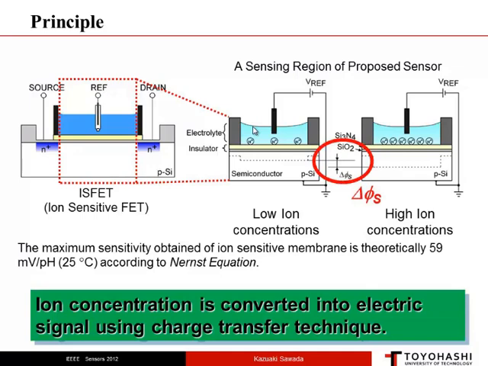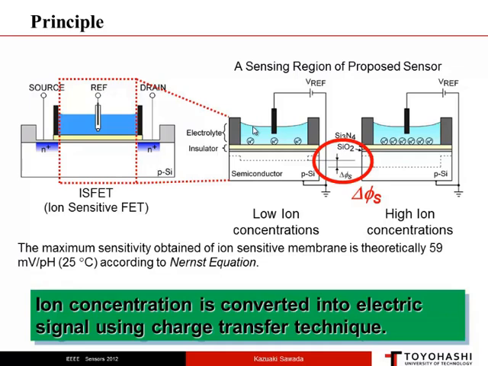This chemical potential change affects the potential in the semiconductor under the sensing region, like that. So the change of the potential depth in the semiconductor is converted to electron quantity by using a CCD technique, which I will show later.